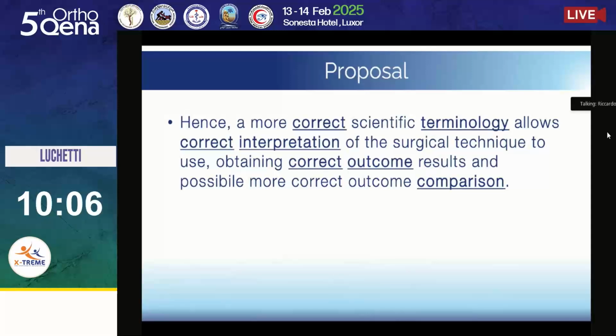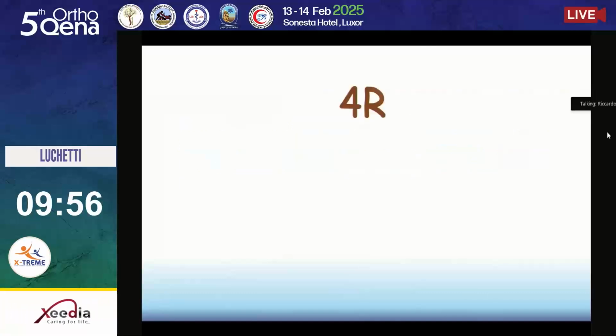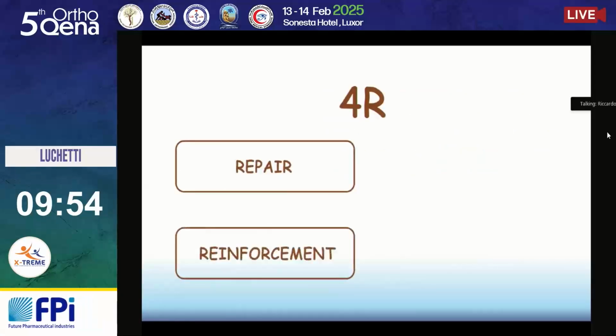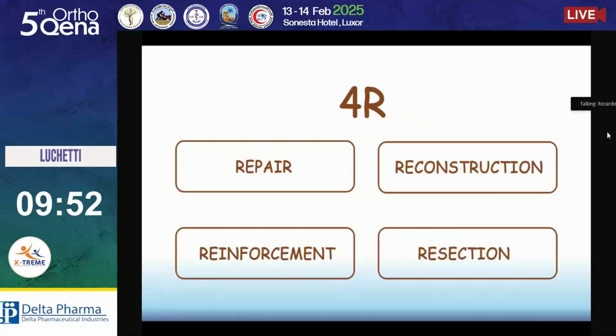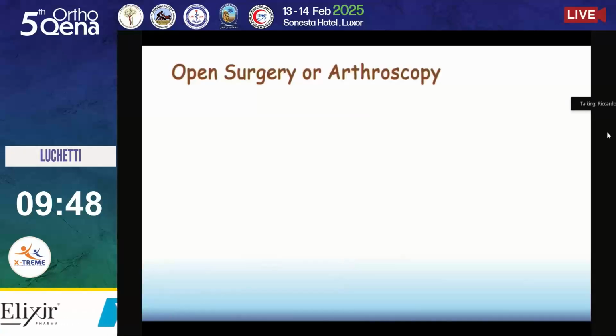Once more, correct scientific terminology allows us a correct interpretation of the surgical technique to use, obtaining correct outcome results and possibly more correct outcome comparison. So 4R: repair, reinforcement, reconstruction, and resection. Resection includes also the arthrodesis or arthroplasty.